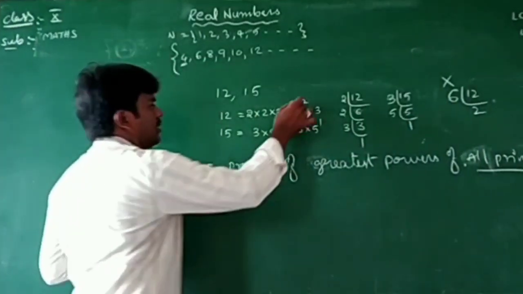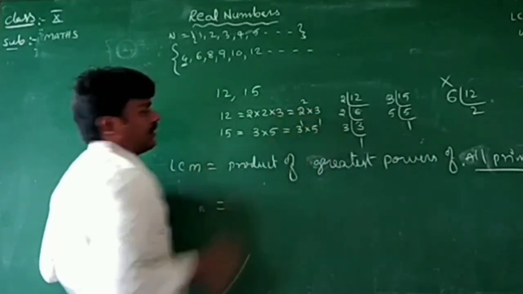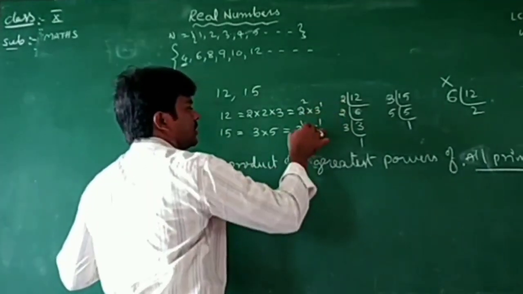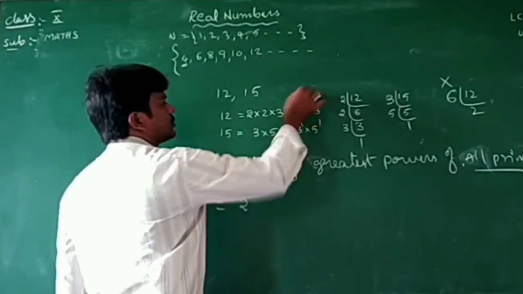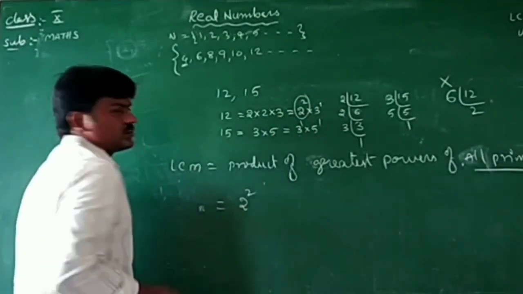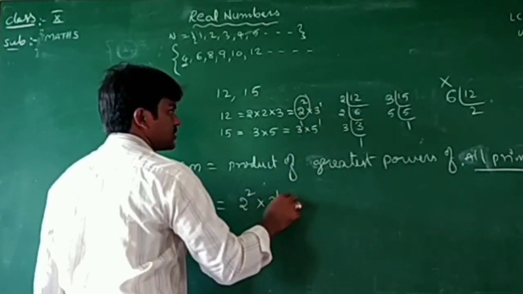Now see what the prime numbers are here: 2, 3 and 5. Here 3 power 1, here also 3 power 1, so use the greatest powers. For 2, its power is 2 square, then 3, then 5.